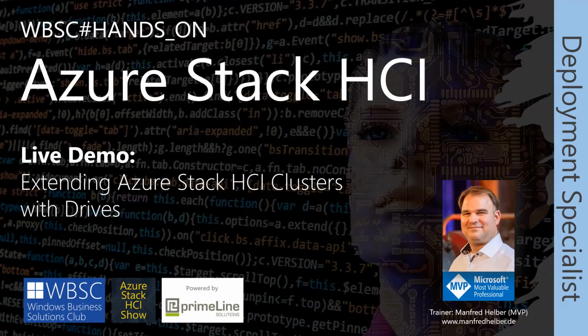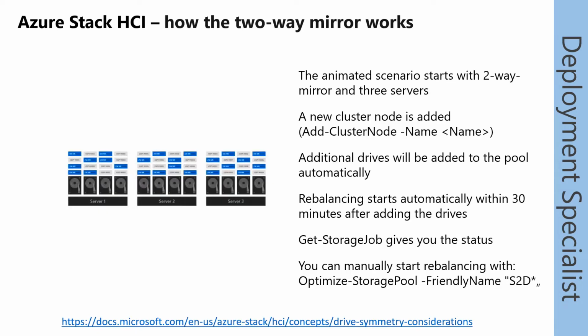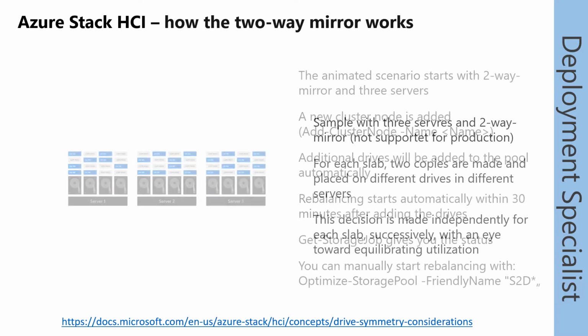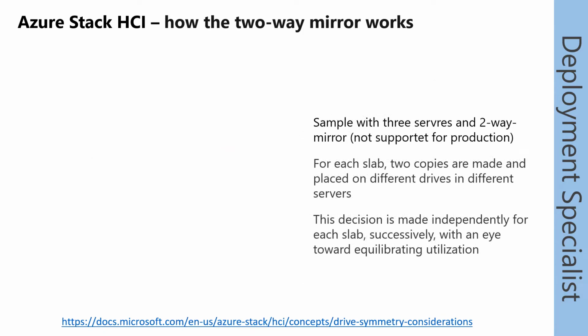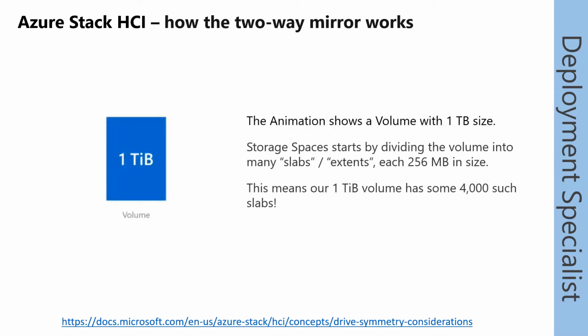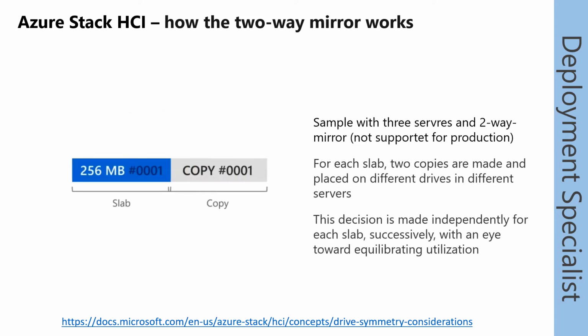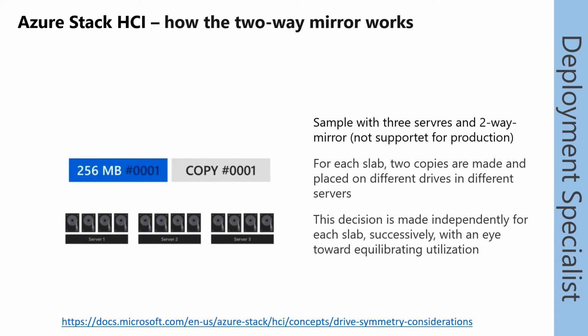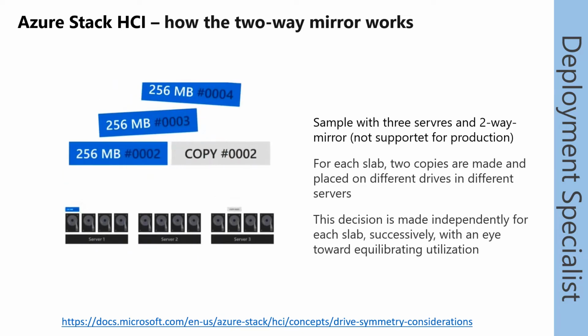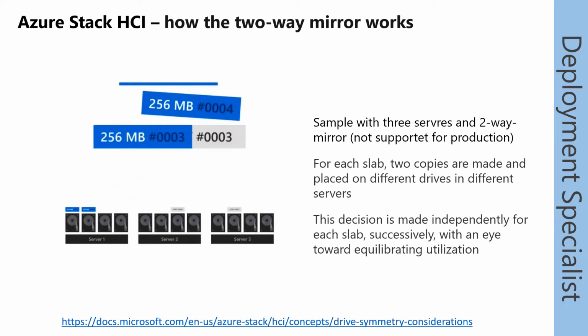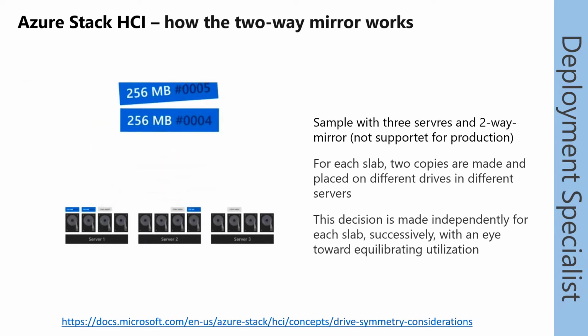So when we think back to how Storage Spaces Direct distributes the data across the servers, then we can see, okay, this is possible because when we go one slide back with these copies that are created here by Storage Spaces Direct based on the slabs, then this is okay because if we have in each server a free drive, we can work with this distribution of slabs across the servers.